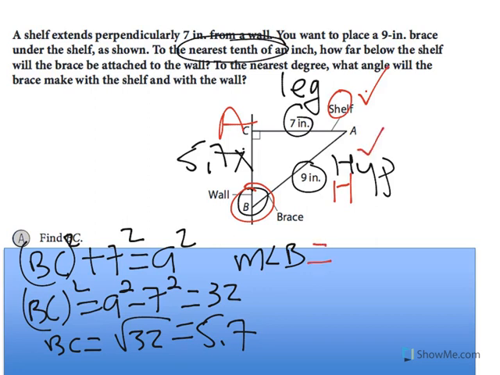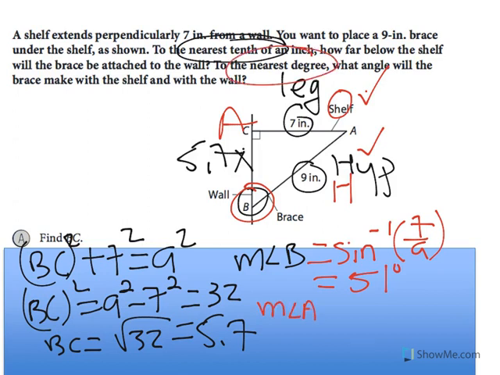So this is sine inverse of 7 over 9, and then from there use your calculator. This gives us 51 degrees, because they wanted the nearest degree, and that means that angle A equals 90 degrees minus 51.